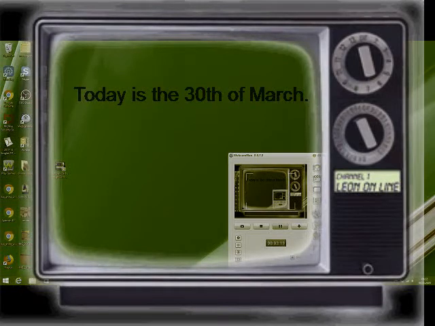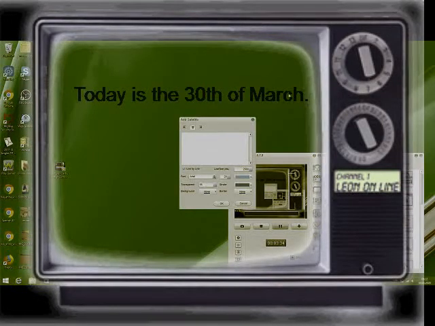March 30th. Usually in America they say March 30th. The 30th of March is not very common in the United States. In England they probably use the 30th of March more.